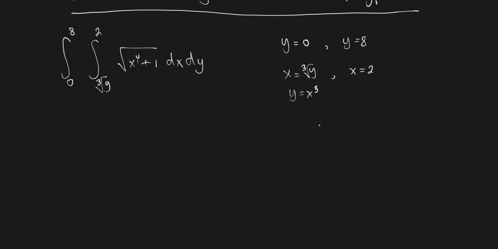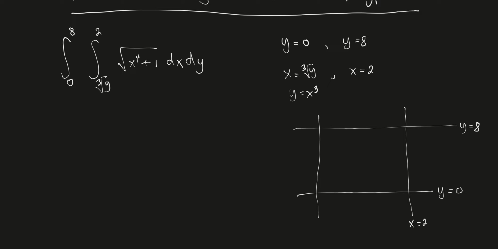So let me do the sketch right over here. This is y equals 0. And then y equals 8 would be somewhere up here, on the horizontal line. x equals 2 is a vertical line, so over here.